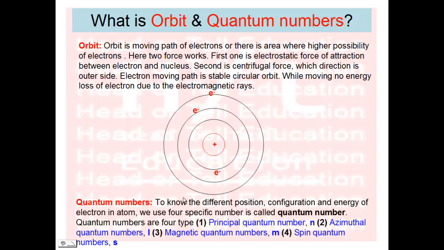There are four types. The first is the principal quantum number, shown by n. Second is the azimuthal quantum number, shown by L. Third is the magnetic quantum number, shown by M. And fourth is the spin quantum number, shown by S.